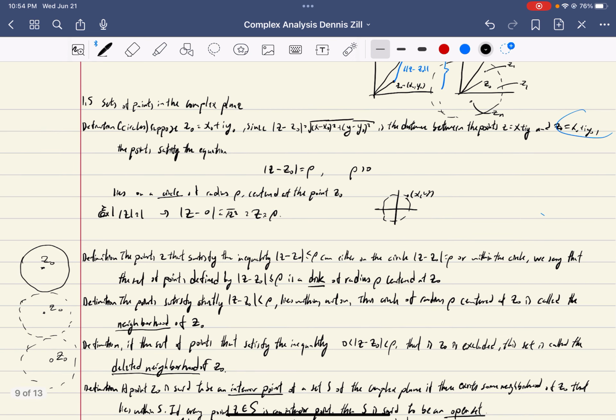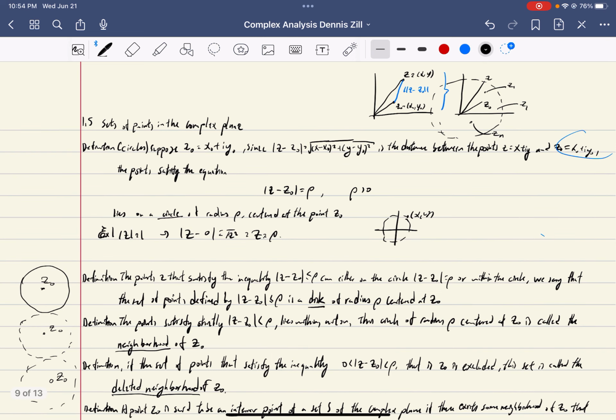So now we can annotate this. We draw over here, let's neglect the axis, we have z0. This is the general case when you have radius rho, and it forms this circle. What does this mean?